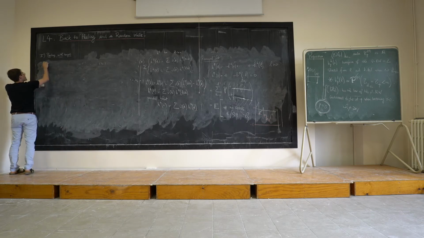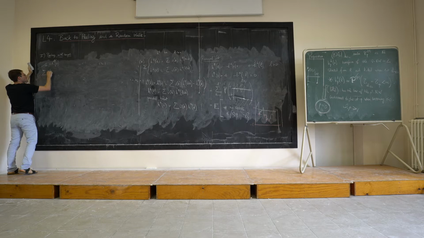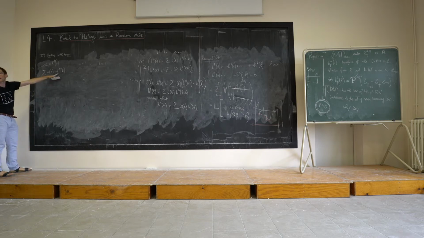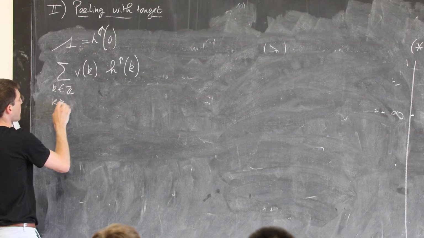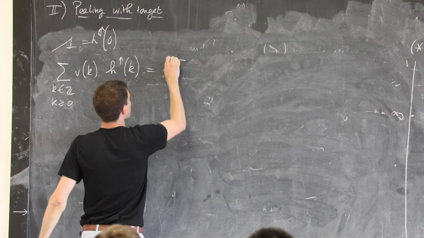It's 1. And what is the other guy? The other guy is the sum of nu of k, H up arrow of k. Here I was summing over k in Z, but clearly this guy is 0 if k is negative, so I can restrict to k positive.